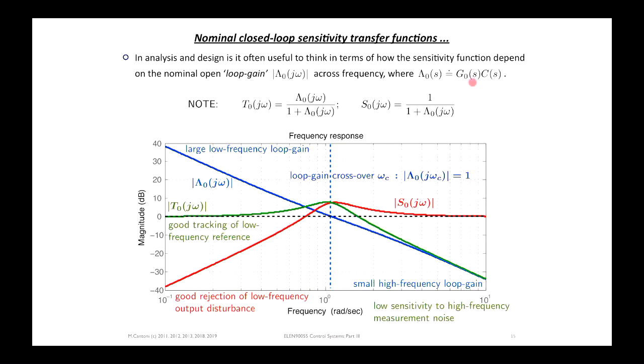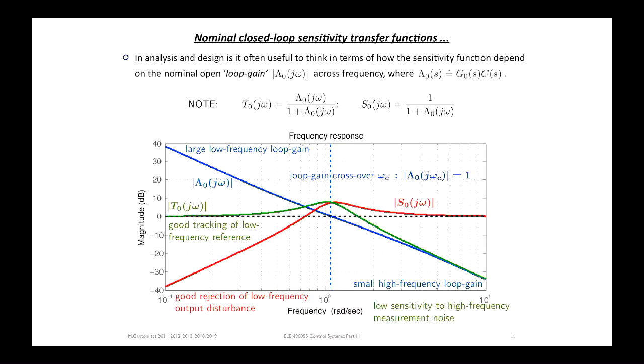So given a plant, we just choose C such that at frequencies where the measurement noise is significant, the product will be small. And that's often why we call C a compensator. We're given the plant and we compensate the plant to give us an open loop transfer function shape across frequency that's consistent with our performance objectives.